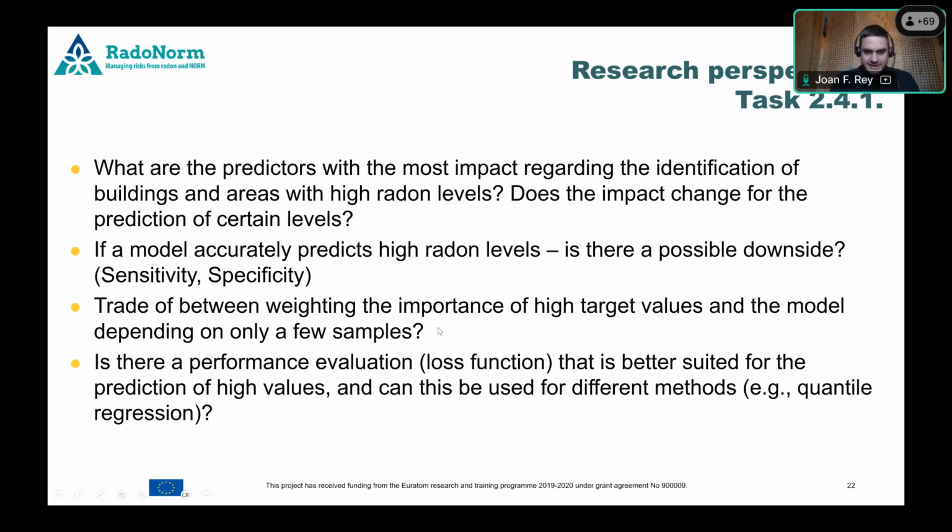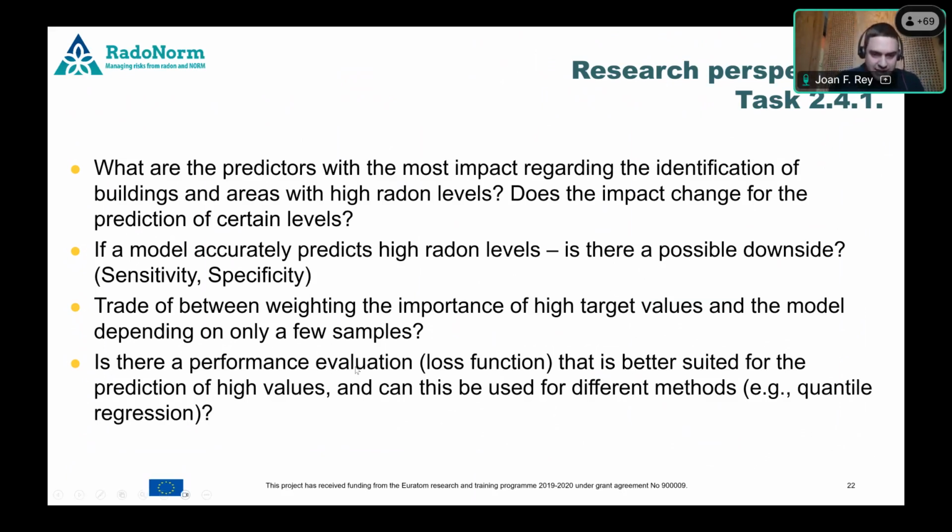And just a word regarding the distribution of radon levels across a dataset: hopefully, we don't have too many samples with high radon levels. Most of the indoor radon levels are really low, and we need to take care to find a good trade-off between the weighting of the importance of the high target values that we want to show and the model.